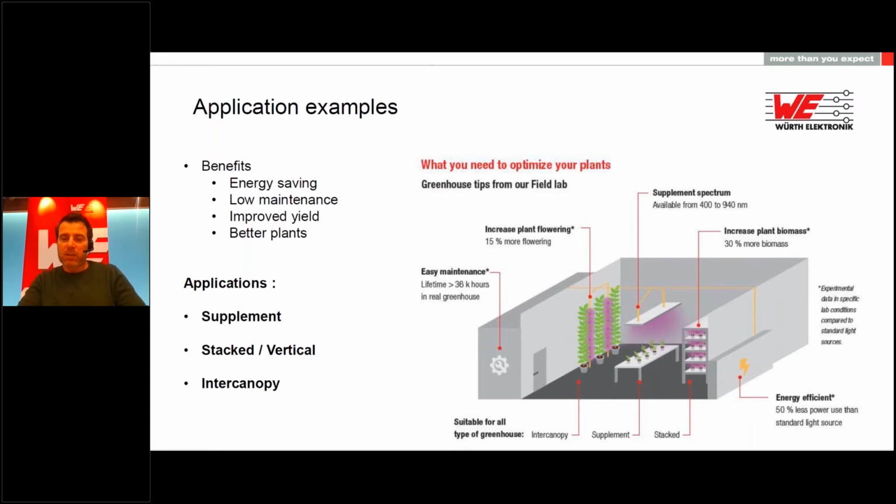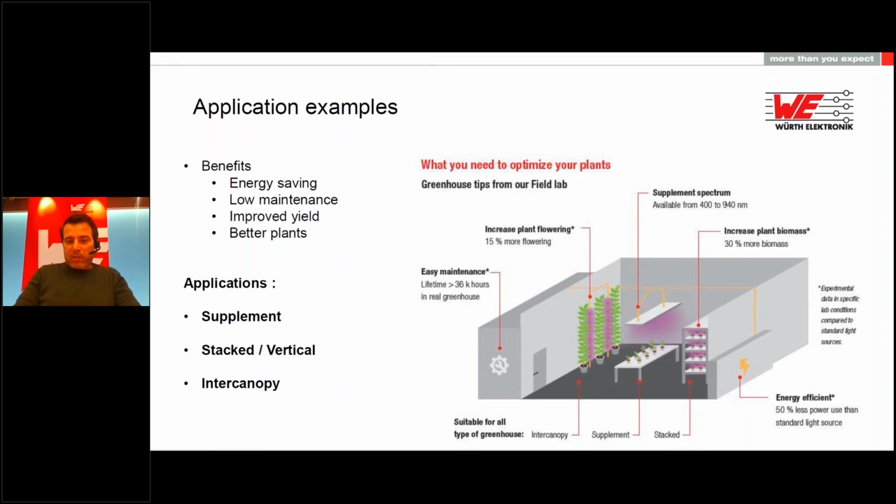This means that a lot of the energy, or the spectrum, is not going to be used in reality by the plants. So these are the main benefits. And of course, as we can see in the next few slides, we can improve the plants' flowering, we can improve their biomass, and so on. But one of the main points that we need to see here is the different applications that we can provide.